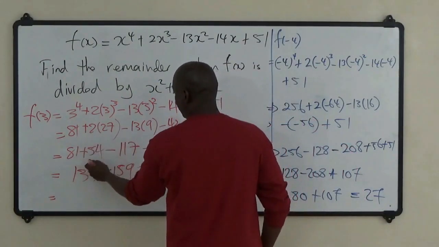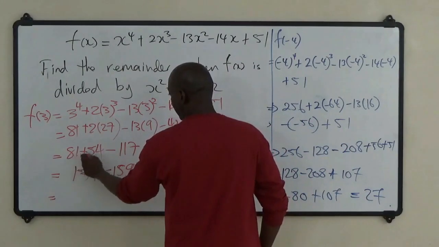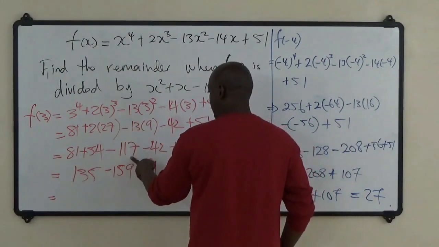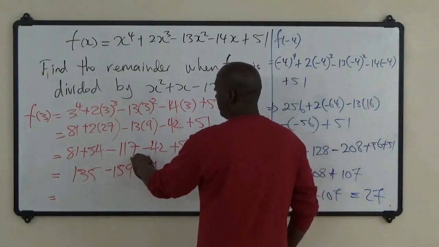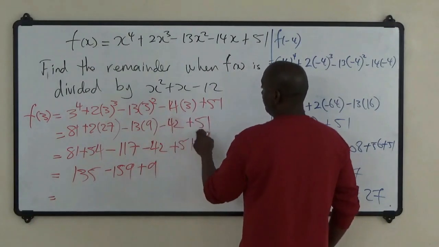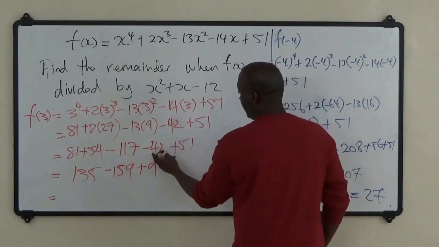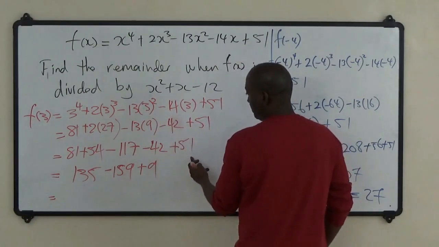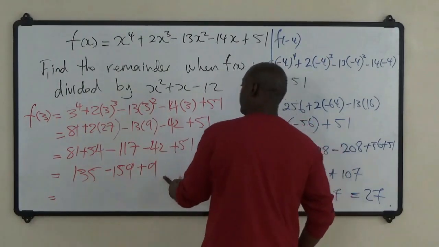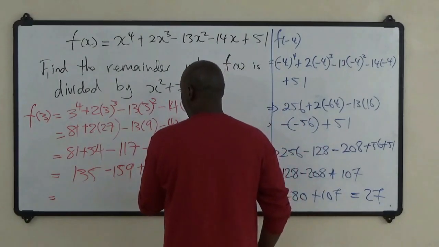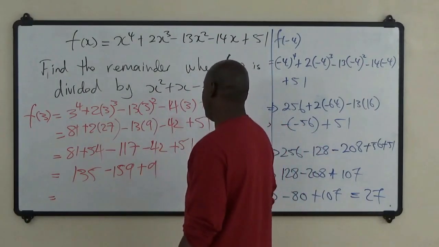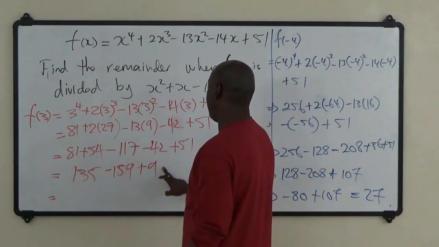So 81 plus 54 is 135, and 117 plus 13 is 130. Minus 42 plus 51 is 9. Big mistake there.